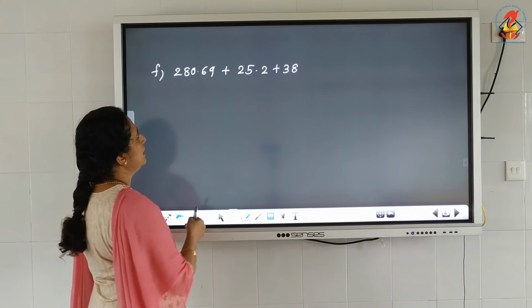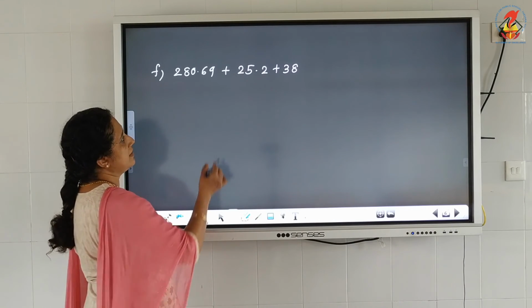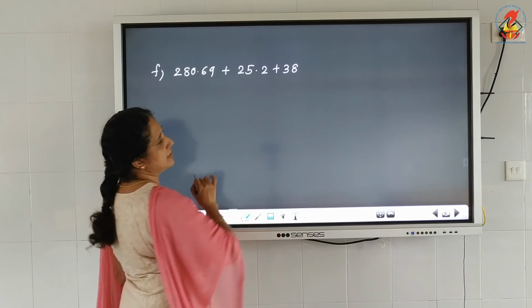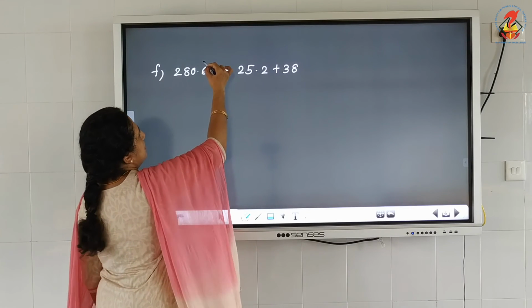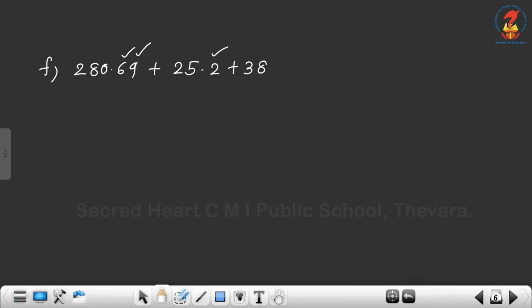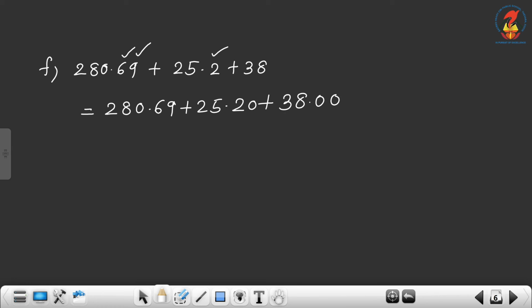Now the next one, 280.69 plus 25.2 plus 38. So count the number of decimal places: 2, here it is 1, and 38 is a whole number. So we can write it as 280.69 plus 25.20 plus 38.00 equal to 280.69.